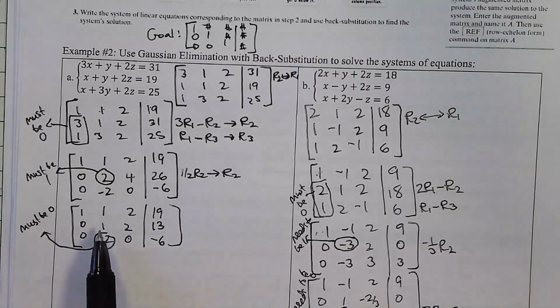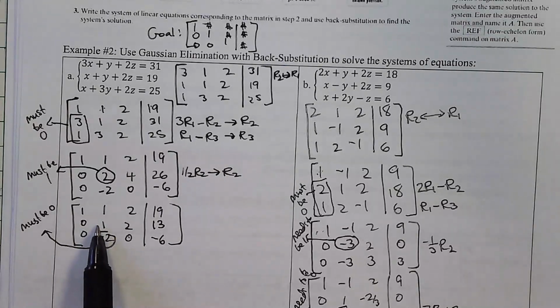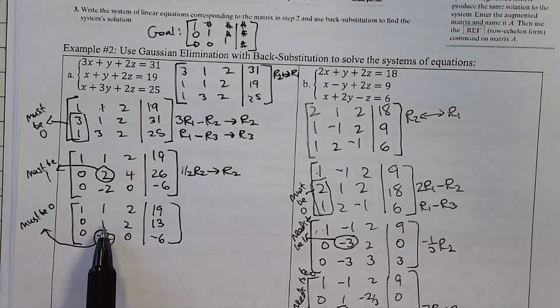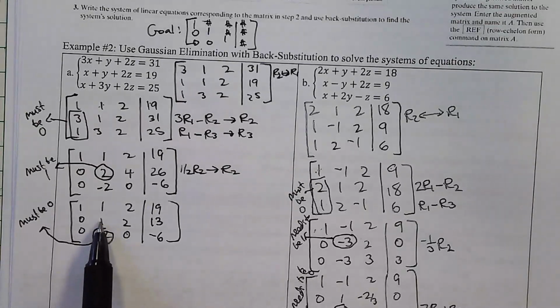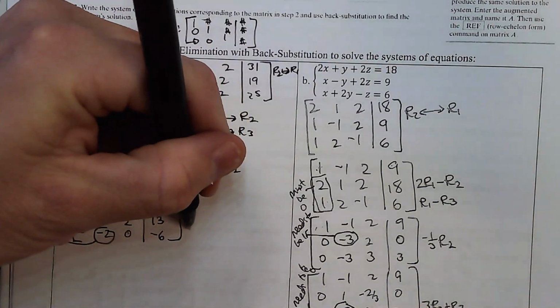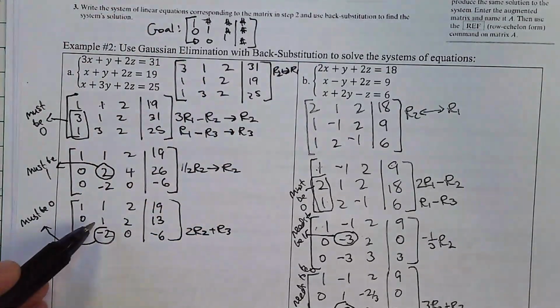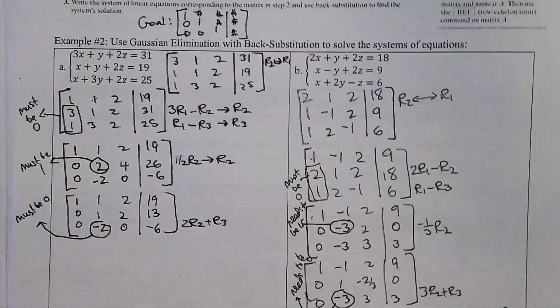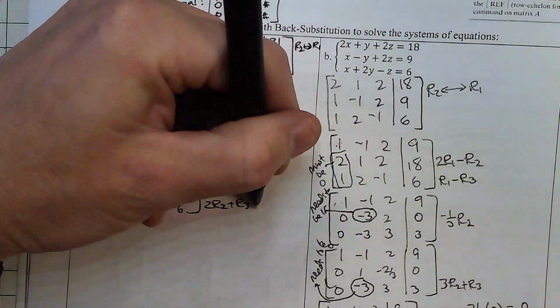What could I do with 1 to make it 0, or add to -2 to make it 0? It would have to be 2. So what would I have to do? 2 times row 2 plus row 3. 2 times 1 is 2. By the way, this isn't the only right way to do it. That'd be your new row 3.